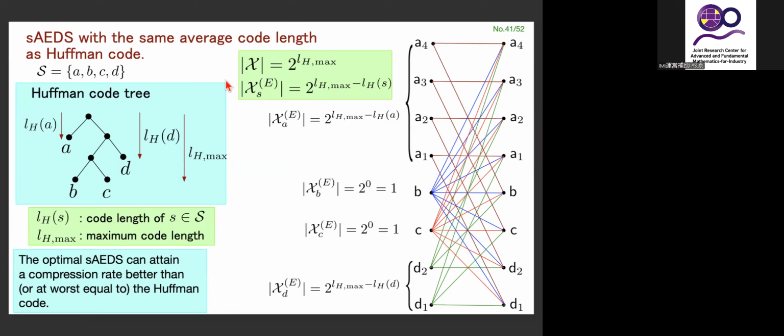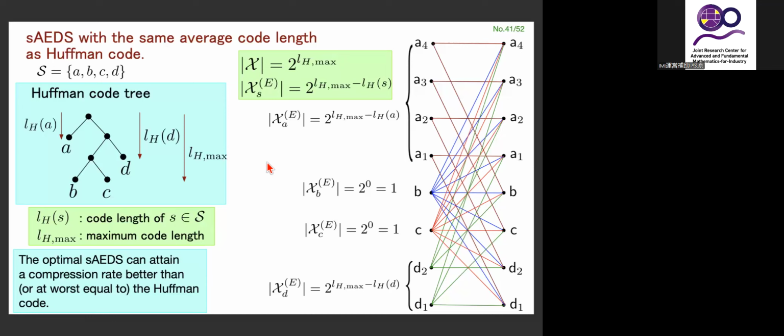Then we set the size of set X equal to L_H max, and the size of X_S equal to L_H max minus L_H(S). And we use a fixed length code at each node. Then we can show that this SAEDS has the same average code length as the Huffman code.